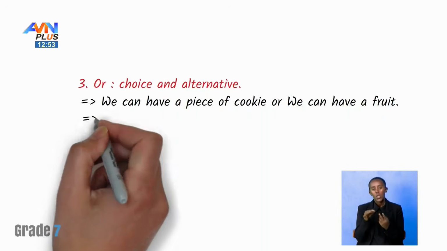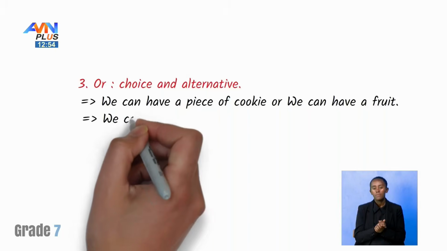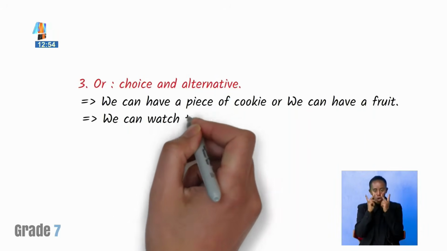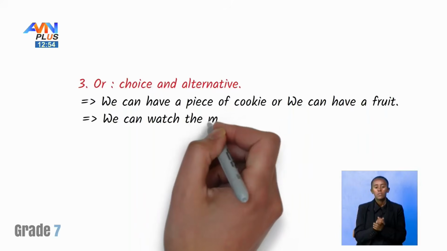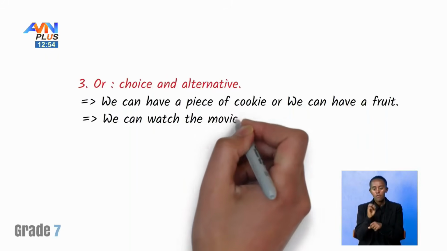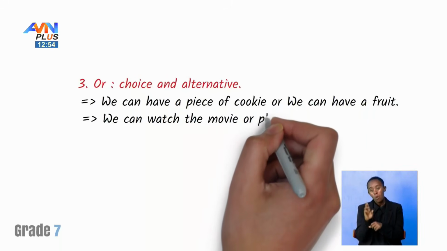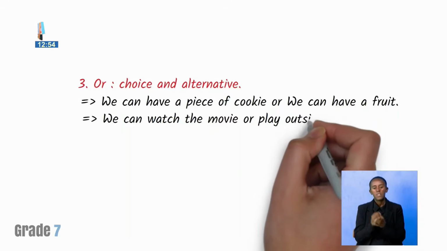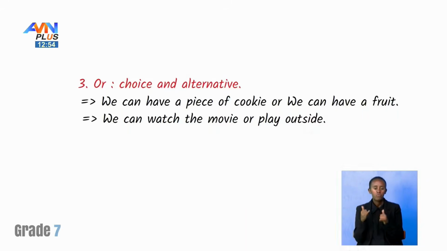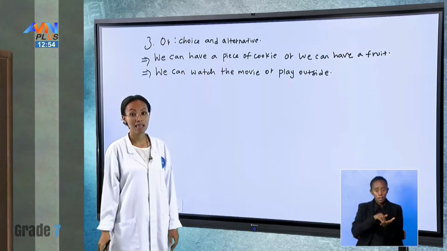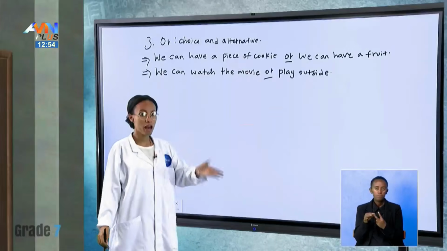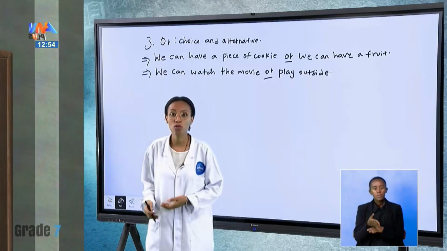What else? Okay, we can watch the movie or play outside. So again, it is giving us what? Alternative. Before and after or, there are two choices.